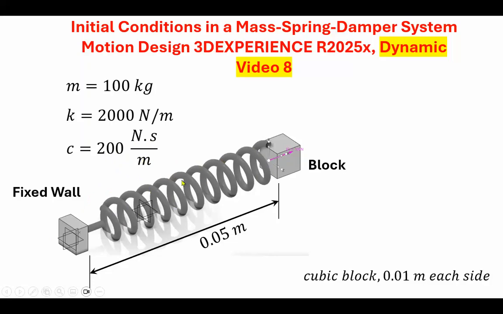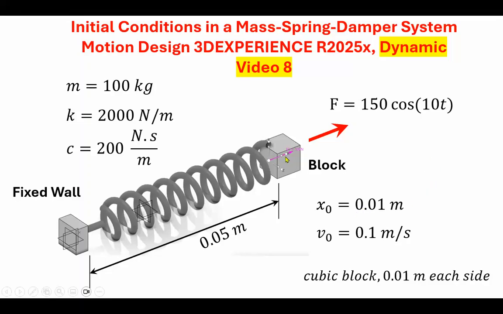The spring sits at an unstretched length of 5 centimeters, so everything is still, and we move the block 0.01 meter to the right, 10 centimeters to the right, and give it an initial velocity of 10 centimeters per second, or 0.1 meter per second, in the right direction.